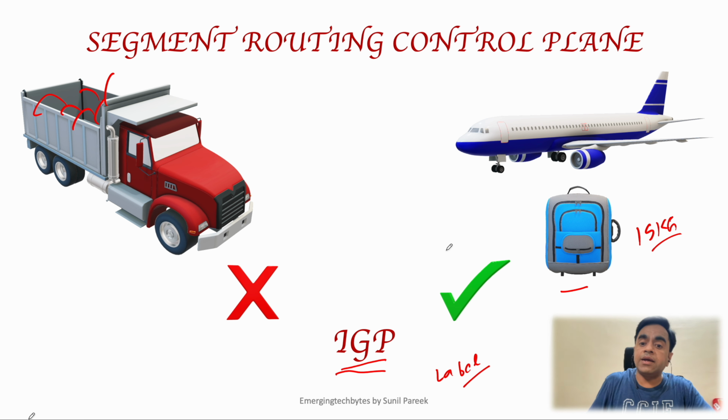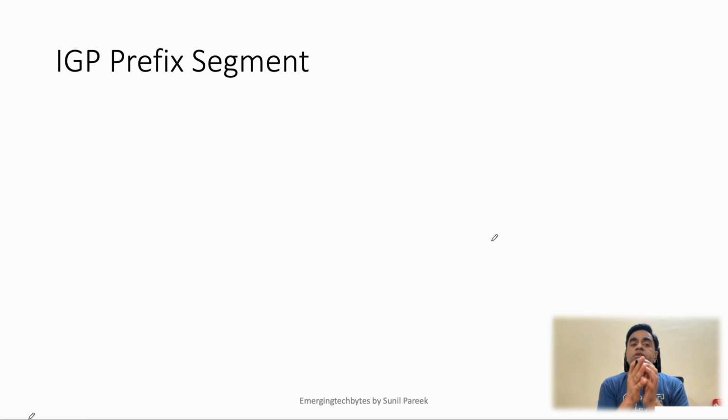But take this as a design guidance, and I'm pretty sure that this will be clear once we go to the next two slides. So with that, let's just introduce what a prefix SID is.